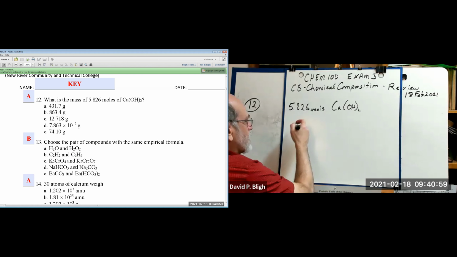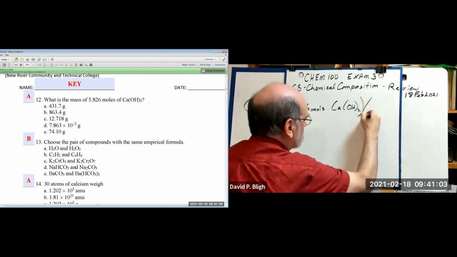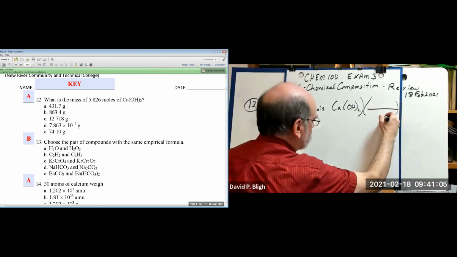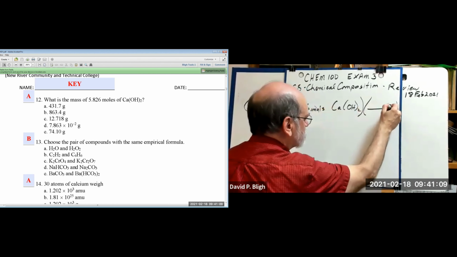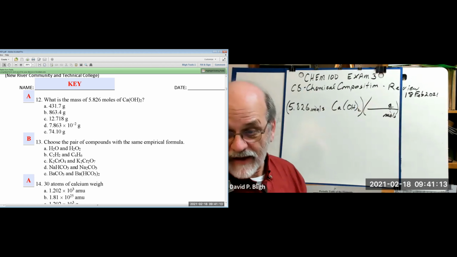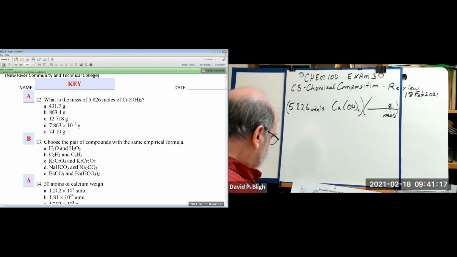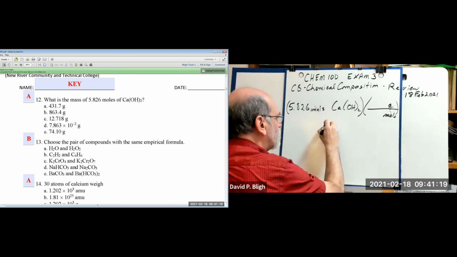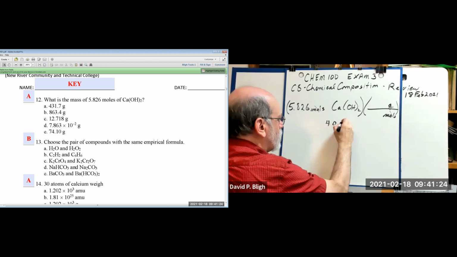Now we can say, what do we need? Well, in order to get mass, we need to cancel the moles and leave us with grams. So that means molar mass. Calcium is 40.08.